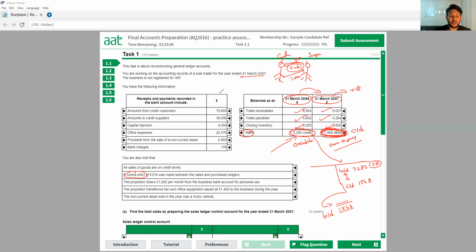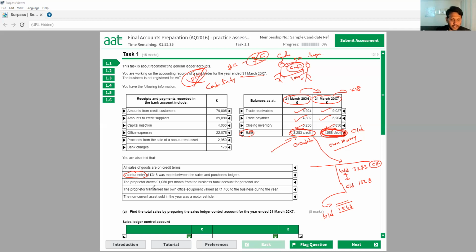So for that reason, we call it contra entry, to offset the balance from each other. So on the sales ledger control, we write on the credit side as purchase ledger control. We say it is offset with the purchase ledger control. On the purchase ledger control, we write on the debit side as sales ledger control. So they cross each other, the balance. We're going to see how it works anyway.